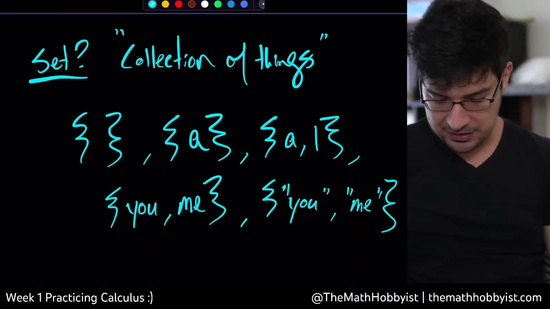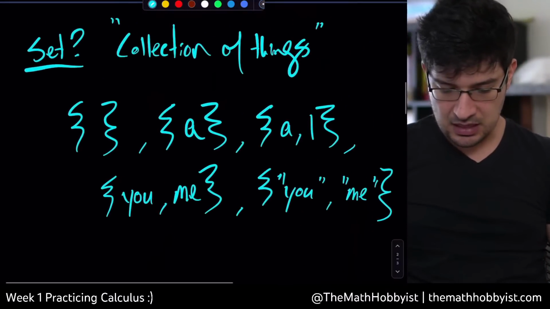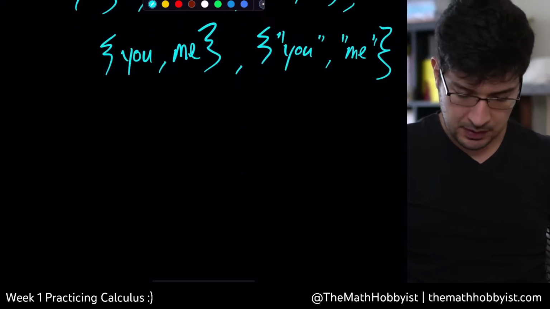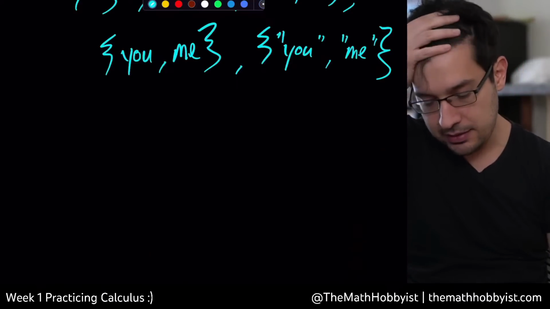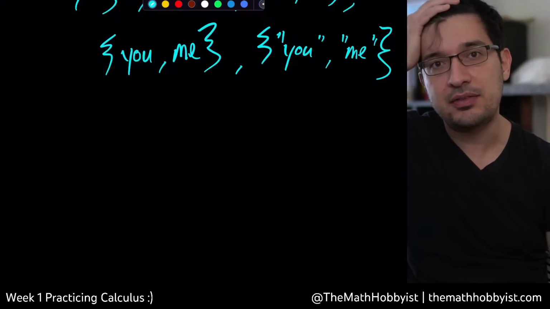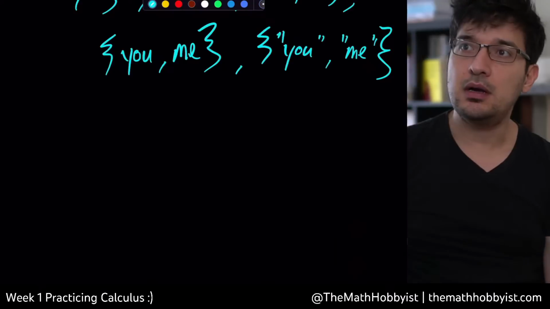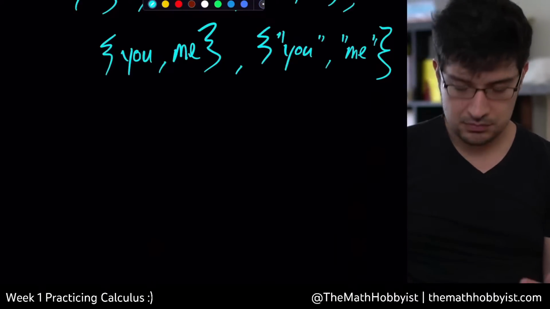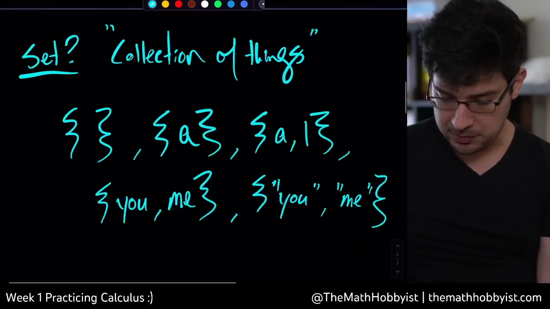All of those are different things. So it's a collection of stuff. And math is mostly interested in sets of numbers, because there's a lot of interesting properties about numbers.